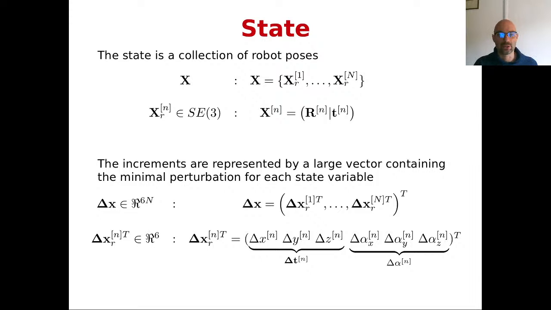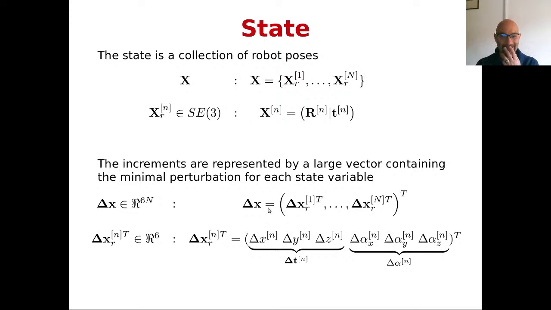Similarly, the perturbation vector should be big enough that I can move all elements in my state. Given that the inner degrees of freedom of a robot pose are 6, the 3D translation and the 3 angles, the perturbation vector, in order to move all the elements, will have to be equal to 6 times the number of poses in my state.